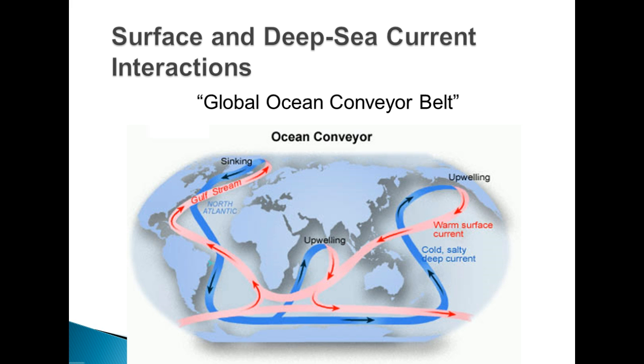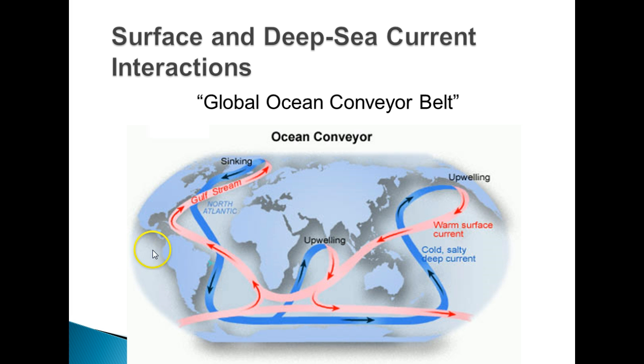Okay, next let's talk about the importance of the interaction between surface and deep sea currents, and then get some important results of those interactions in your notes. First, write that these current interactions play a significant role in transporting heat energy from equatorial waters. Obviously, equatorial waters are waters near the equator toward the poles.